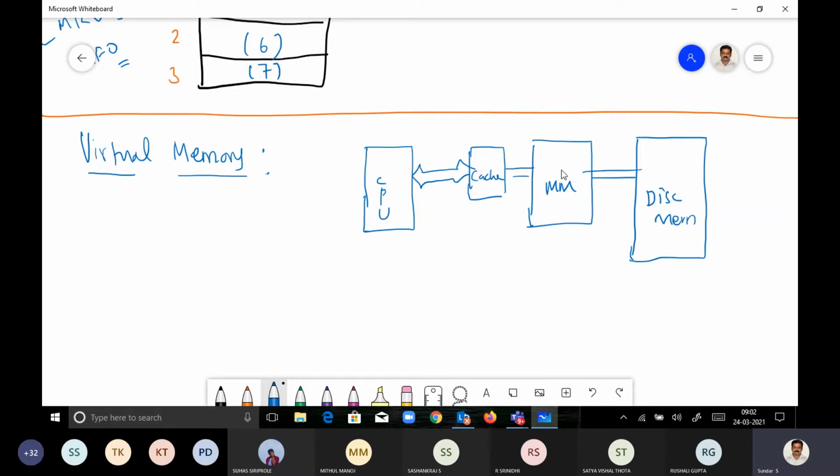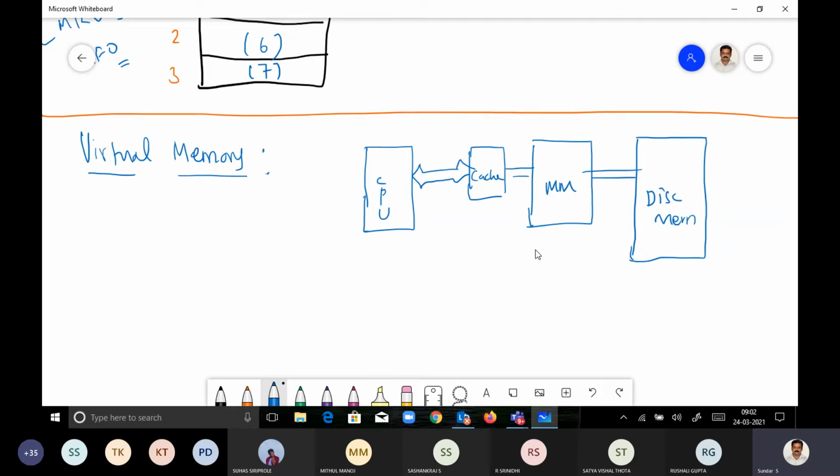If the data is there in main memory, it's called a hit in main memory. Here we are talking about blocks of data in cache. From now onwards, we are going to concentrate on these two.